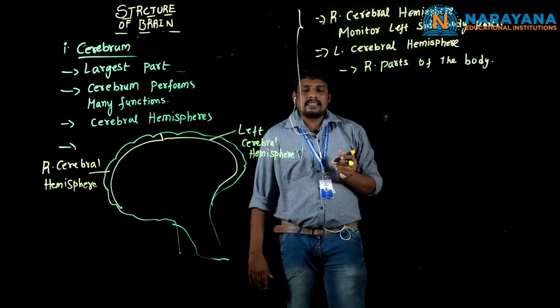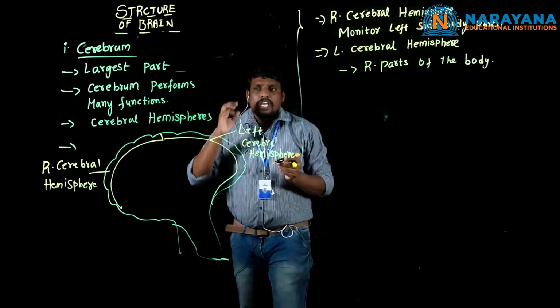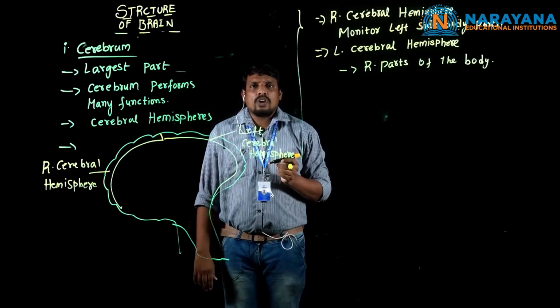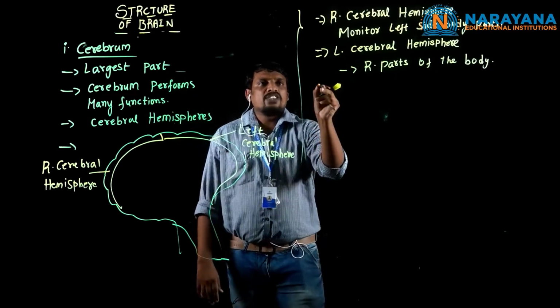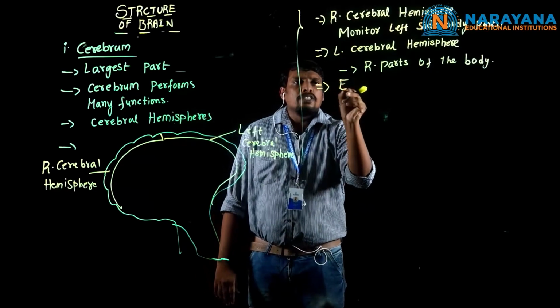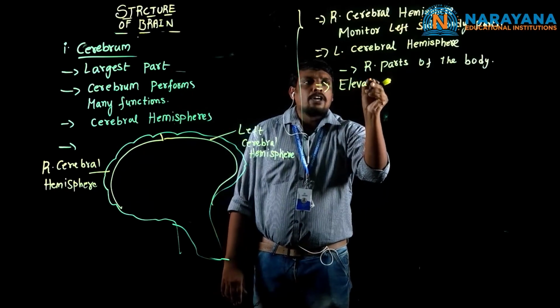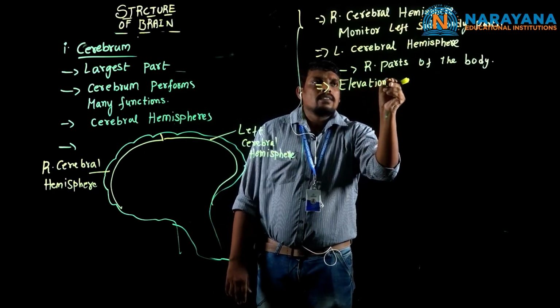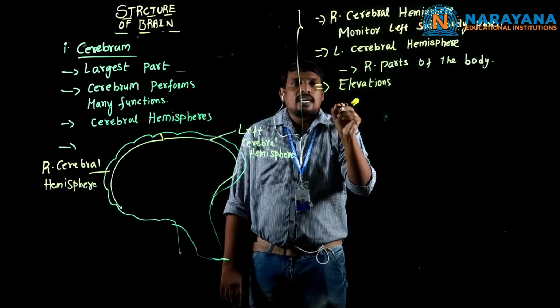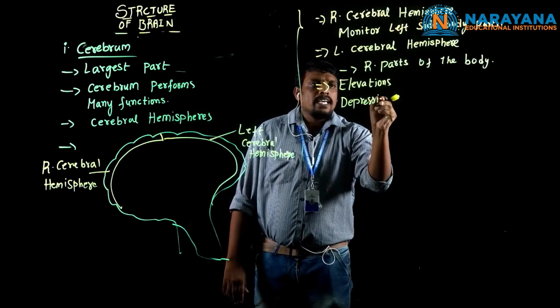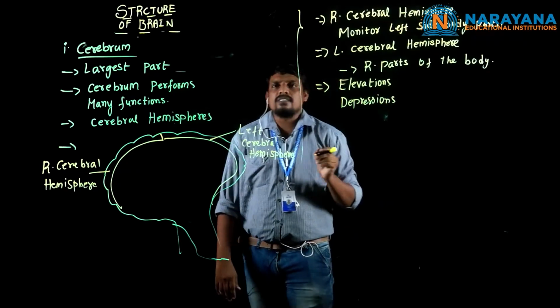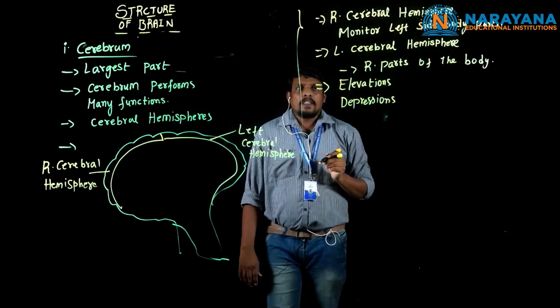First, let us learn the structure. You can see some elevations and depressions on the surface of the brain. Elevations mean ups, whereas depressions mean downs. There are many elevations and depressions which we can see on the surface of cerebrum.